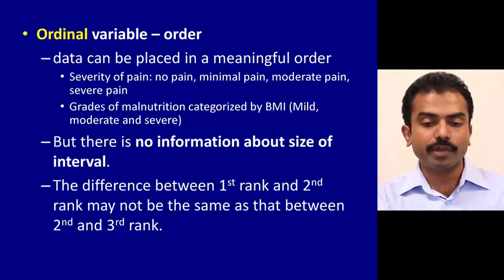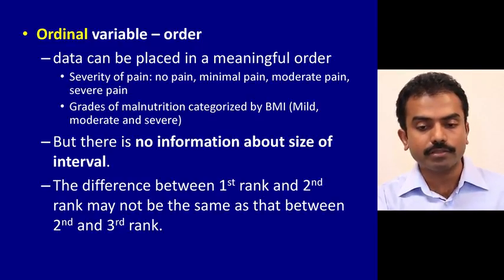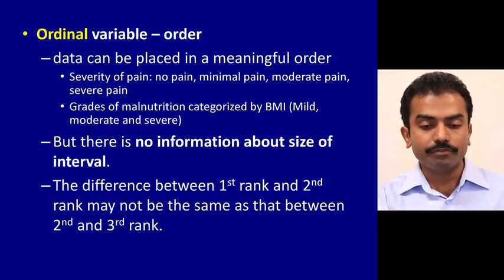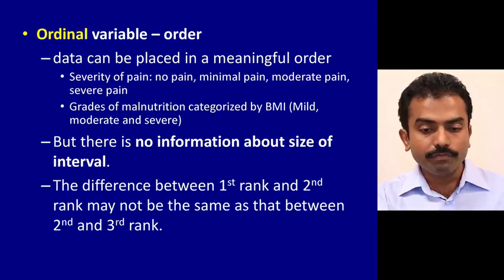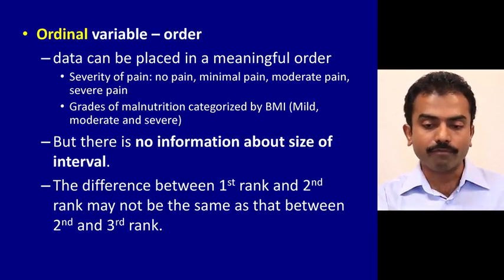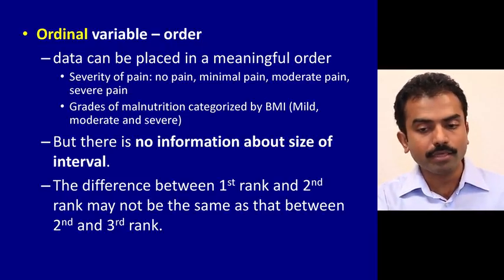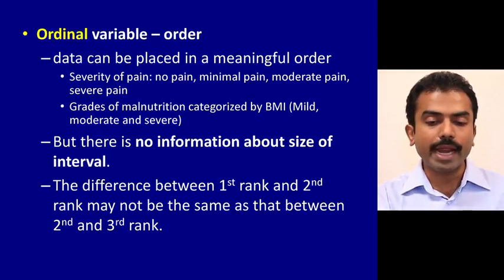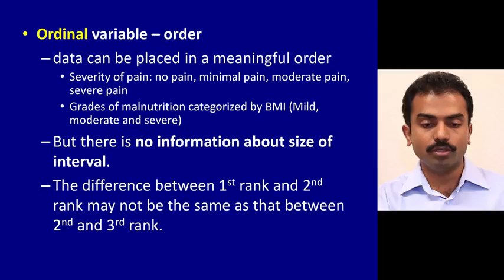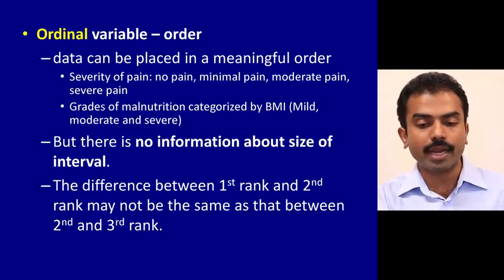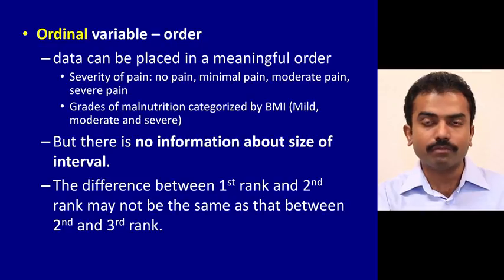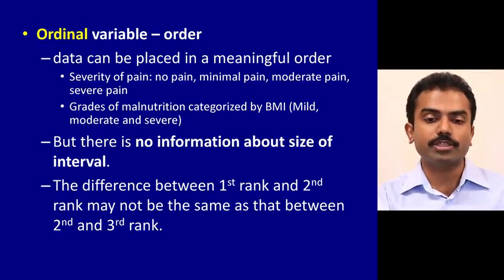Now, what is an ordinal variable? It is similar to a qualitative variable, but there is an inherent order to these categories. For example, severity of pain. You can have no pain, minimal pain, moderate pain, and severe pain. You can have grades of malnutrition. Mild malnutrition, moderate, and severe malnutrition. Or another example I can think of is staging of HIV disease.